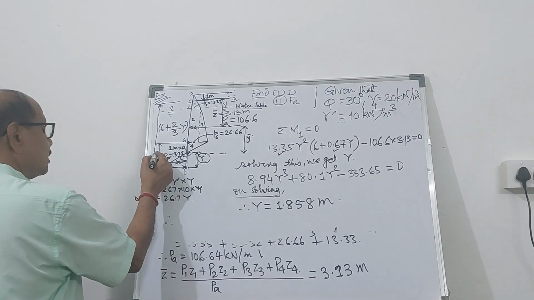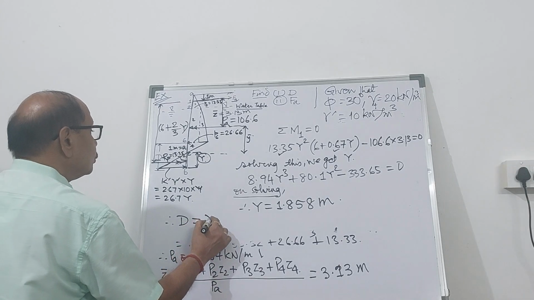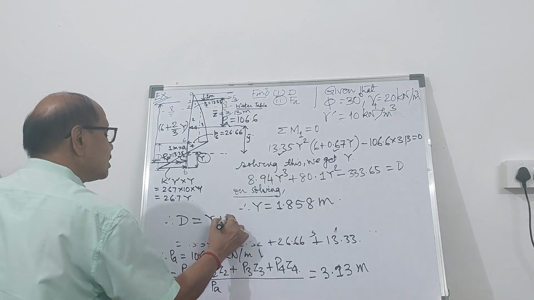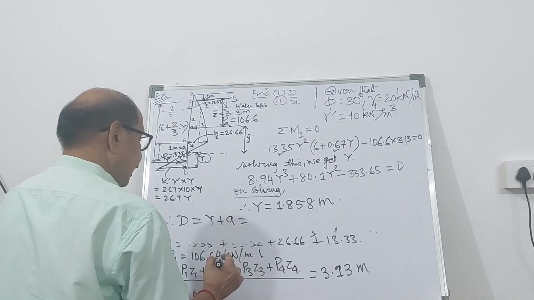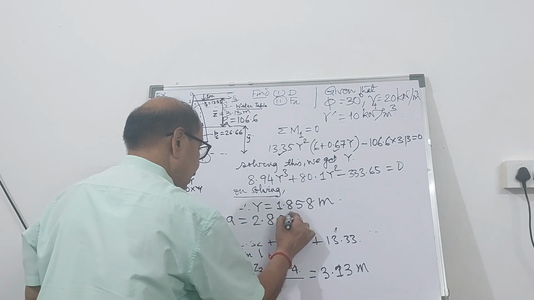Therefore, this depth of embedment D equal to y plus A. A is 1 meter, so this becomes 2.858 meter.